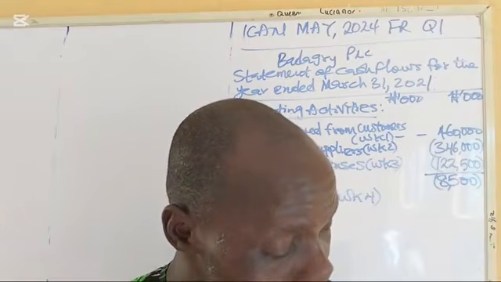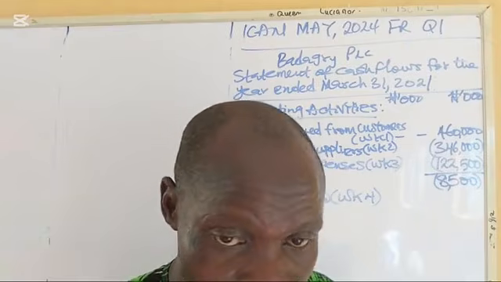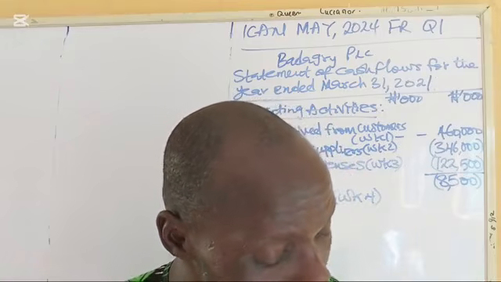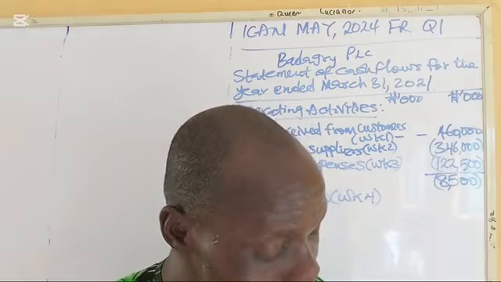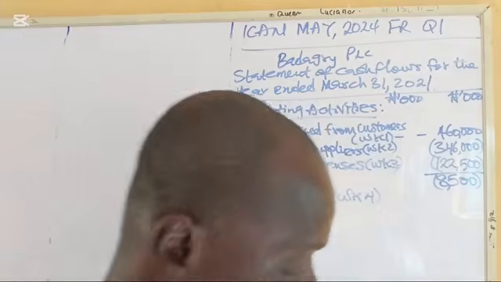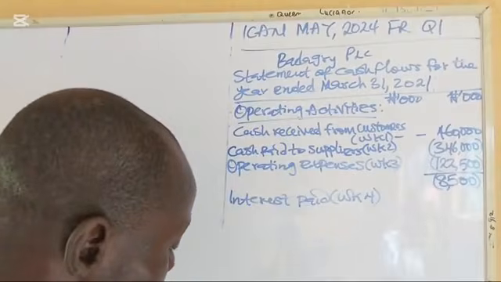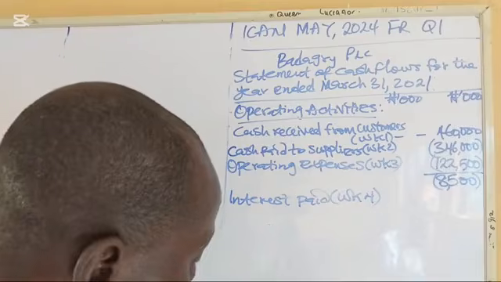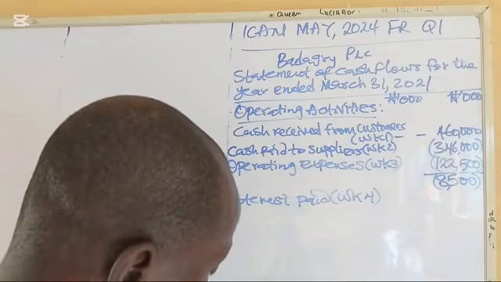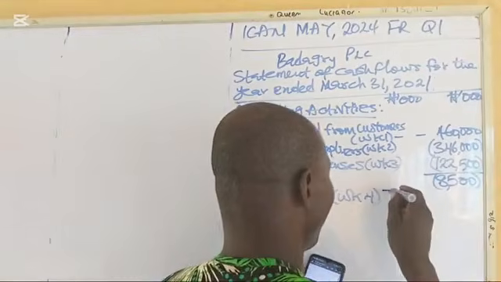Aside from the finance cost, did you see any information about interest anywhere? No, sir. Okay, if there is none, how much is your interest paid? 5,000. That is your finance cost.